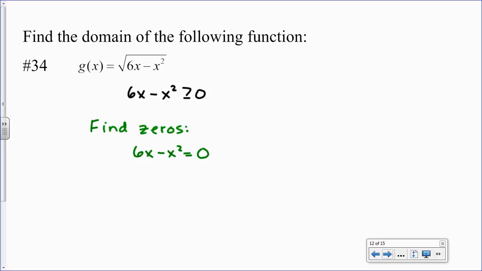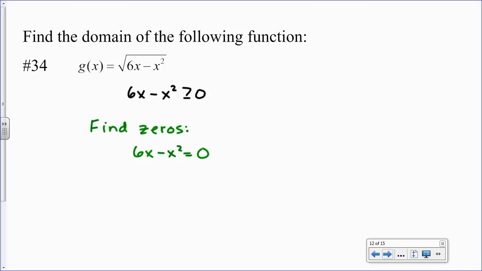Can you factor this? Yes, you can factor out an x. If you don't think you could factor that, then you can use quadratic formula. That would work. But what would a be? -1, and b would be 6, and c would be 0.